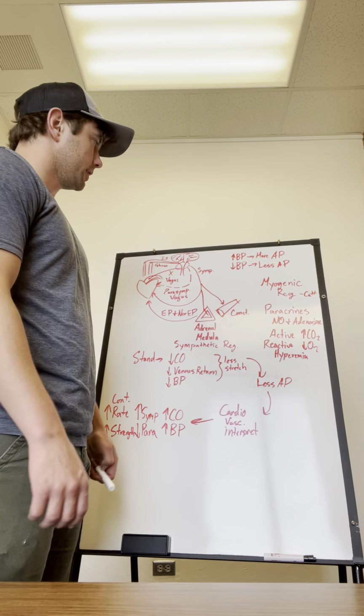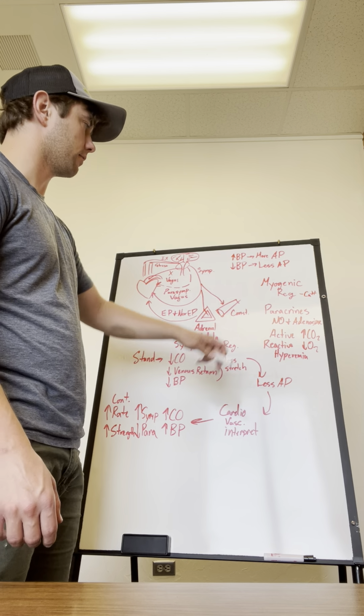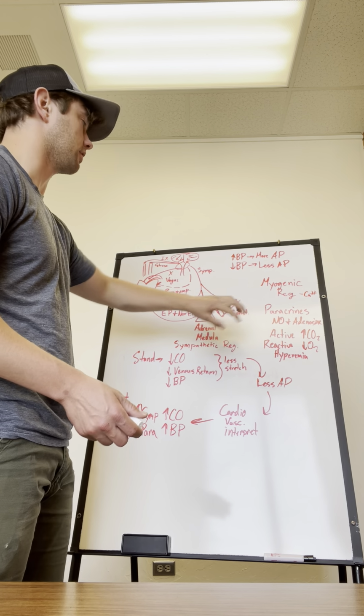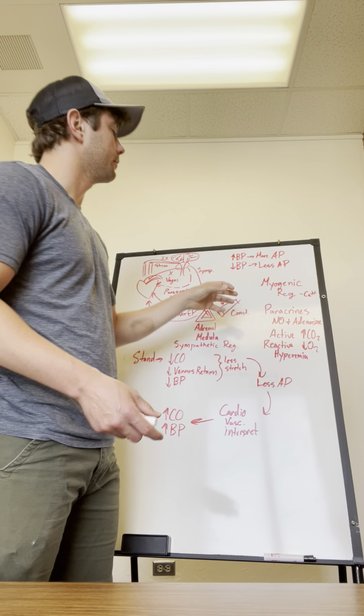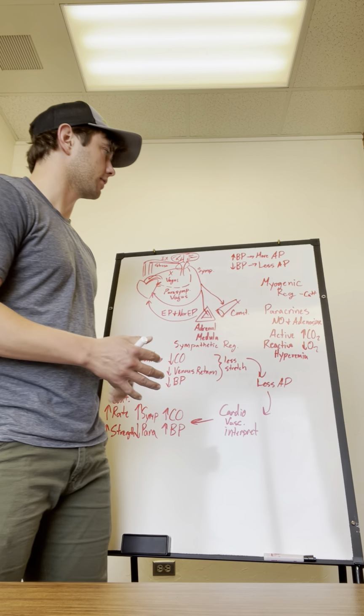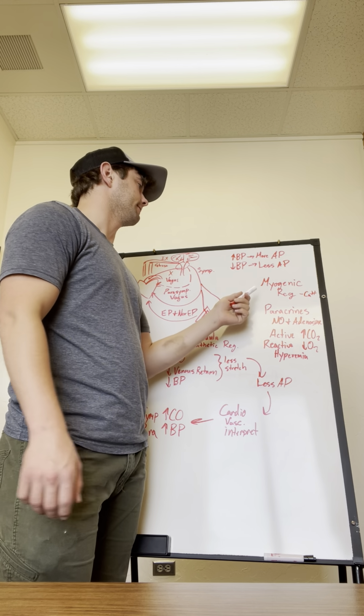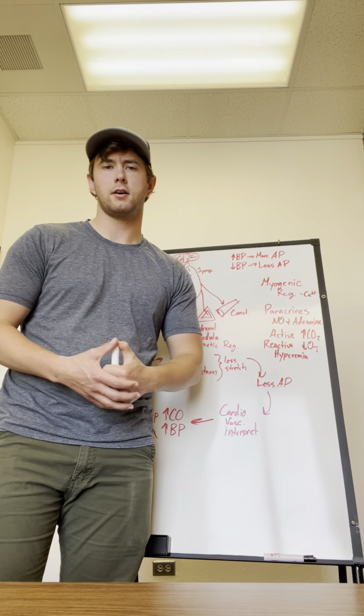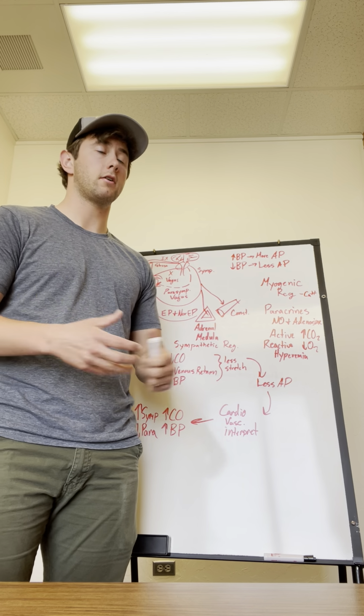Something to keep in mind, and these are auto-regulation of the blood vessels themselves, not necessarily the heart, but of the actual blood vessels. Myogenic regulation is all based off of stretch receptors within the arteries.